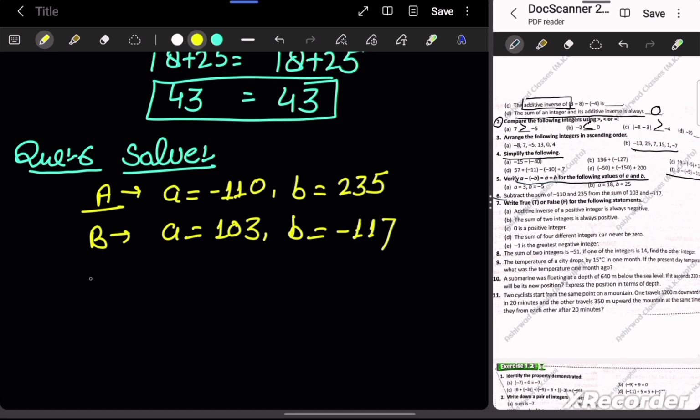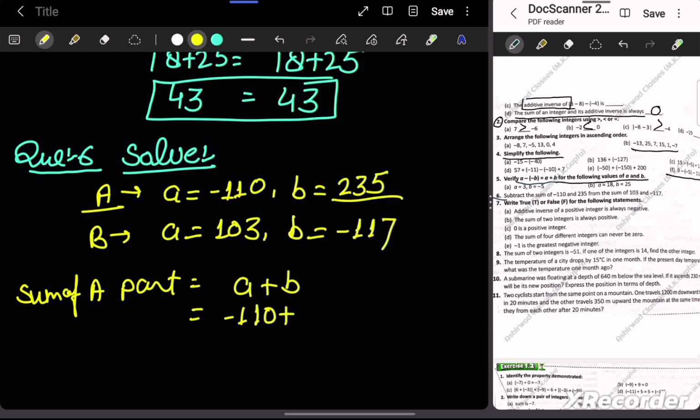Here is the A part, sum of the A part, a plus b. Here a value is minus 110 and b equal to 235.